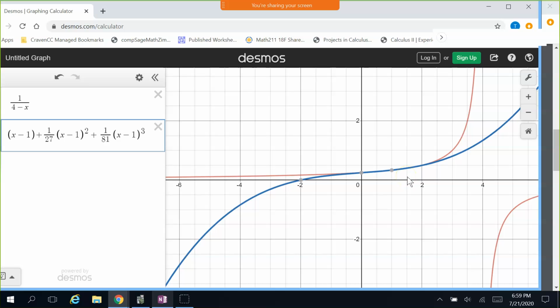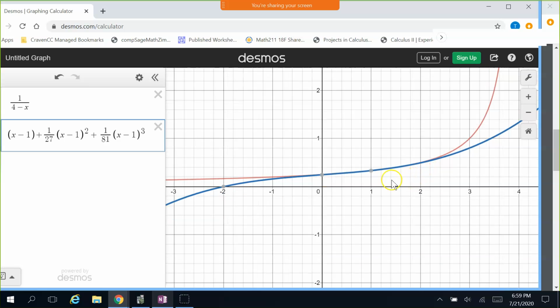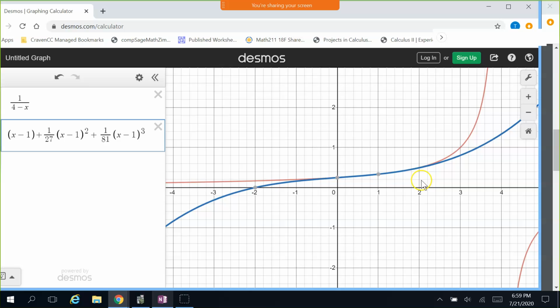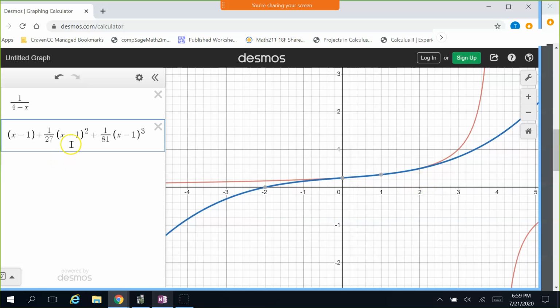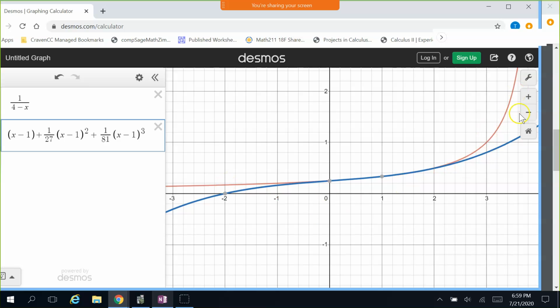The reason that it's only the same right around here has to do with that interval of convergence. Just looking at this graph, the interval of convergence looks like it's between 0 and 2. It may go out a little bit further than that, but just off of first instincts, 0 to 2. So this Taylor polynomial of order 3 almost perfectly approximates our function between that interval of convergence.